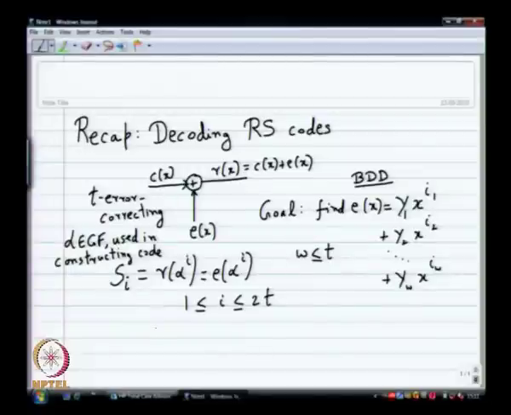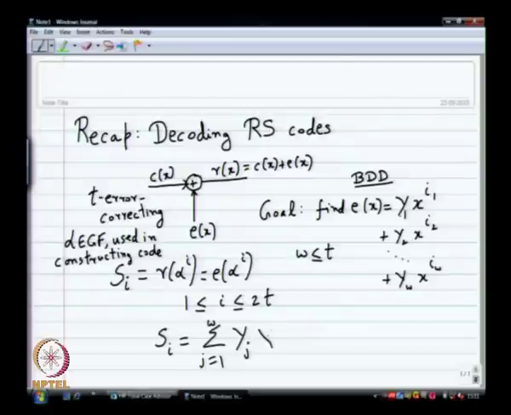So in effect you can write Si as a summation. I will just write this notation in shorthand, since I am repeating everything. So hopefully it is clear to you what I mean. Sum over j of Yj xj power I. And what is this xj?